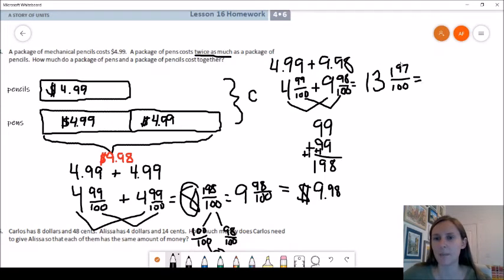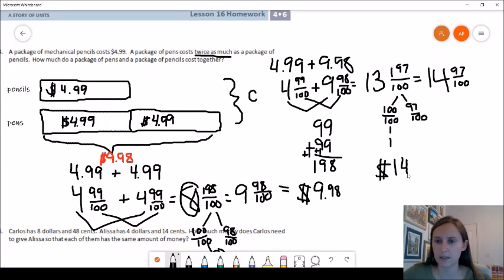And again, this is an improper fraction here, so I need to decompose and regroup my wholes. So that 197 hundredths I can decompose as 100 hundredths, which gives me another whole, and 97 hundredths. So I'm going to regroup that whole. So instead of 13, I have 14, and then I have 97 hundredths of a dollar. So as a decimal, that would be $14.97. So 14 97 hundredths.